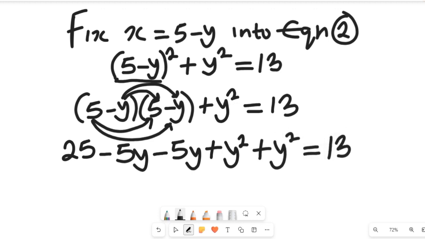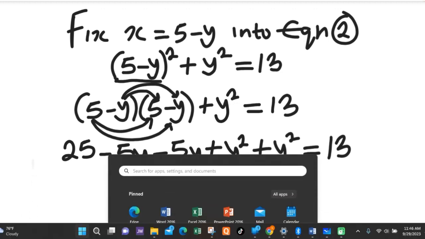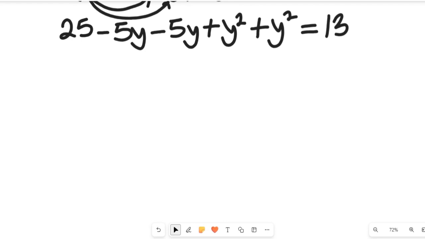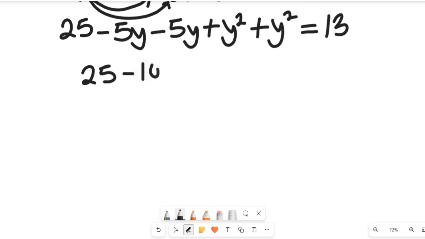Now let's simplify further. We'll have 25 minus 10y plus 2y squared equal to 13.